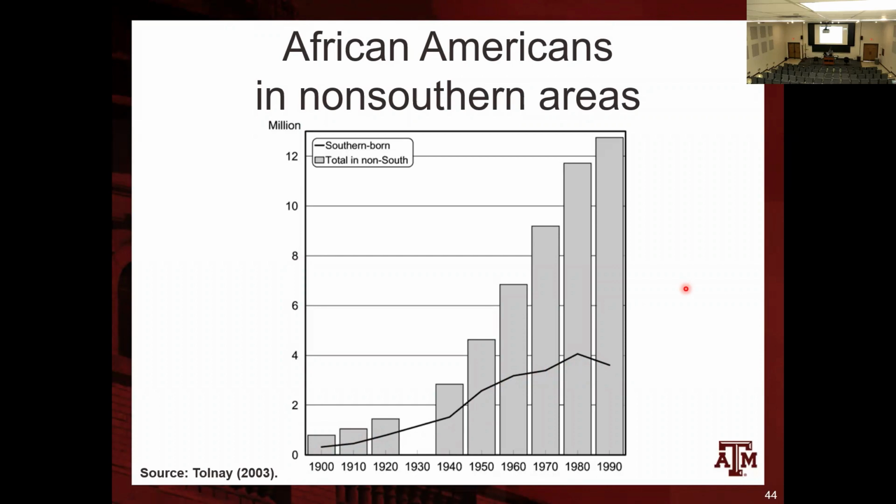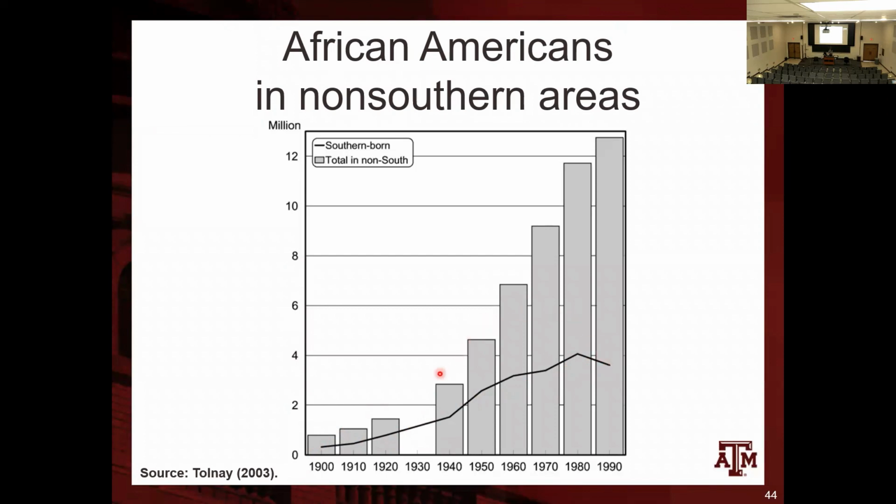So these people here are really migrants, right? So they were born in southern states, and now they reside in other states outside of the South region. So it increased from less than 1 million to a little less than 4 million, according to data from 1990. So it's a lot of African Americans that were born in the South, and then they are living somewhere else now.